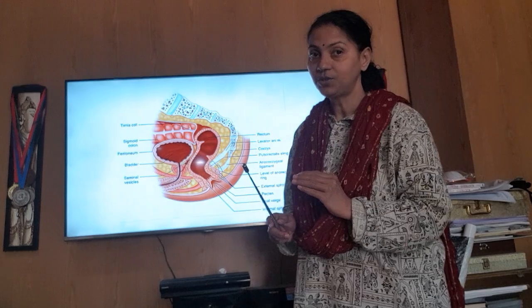Again I repeat, the upper 1/3 of the rectum is covered anteriorly and on the sides by the peritoneal fold. In the middle 1/3, only the anterior surface is covered, but in the lower portion, no peritoneal fold is present. Clear?